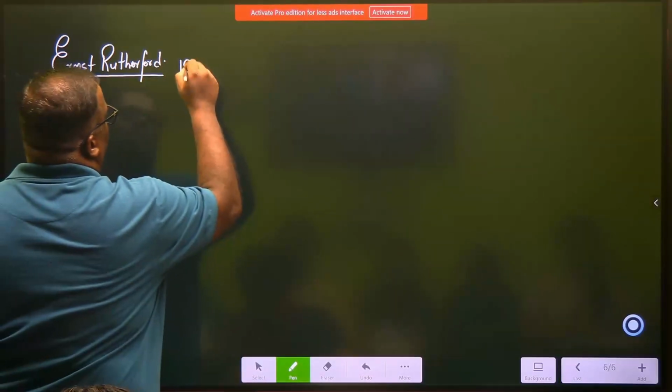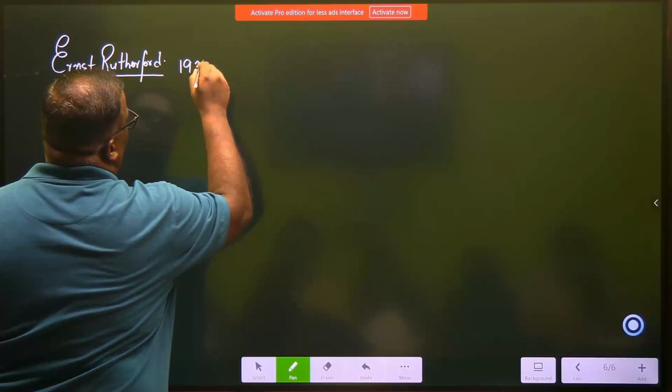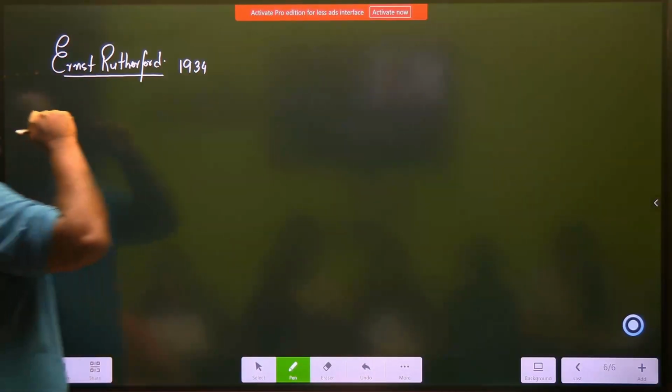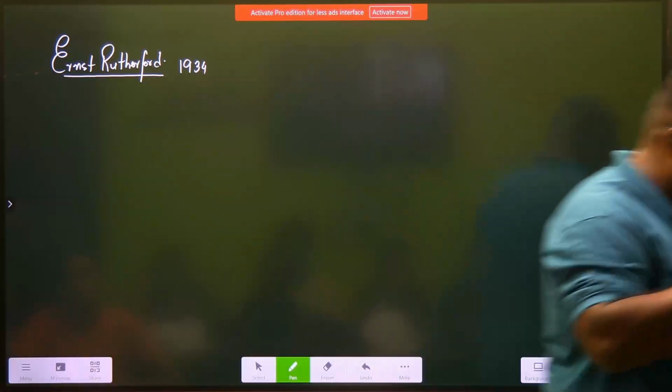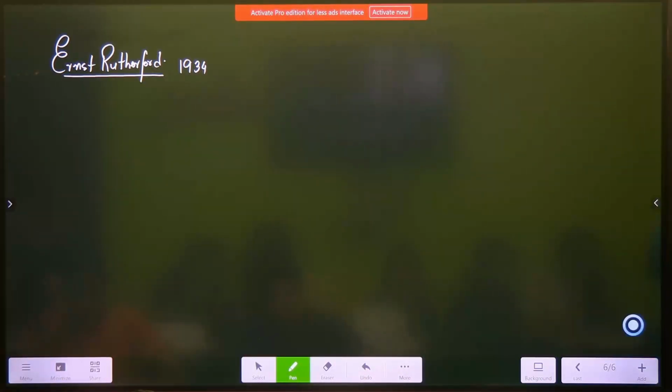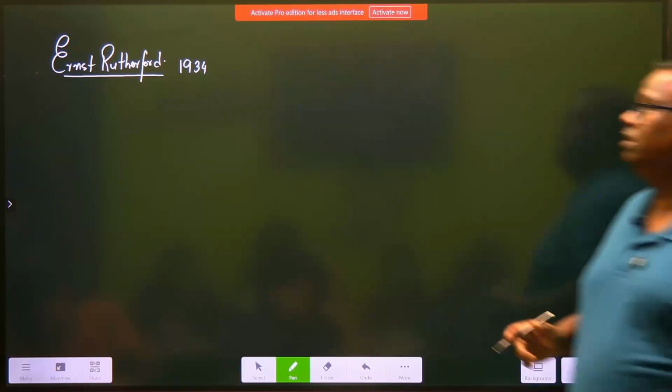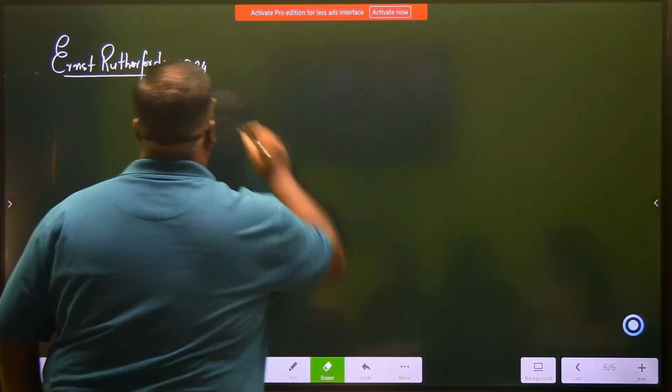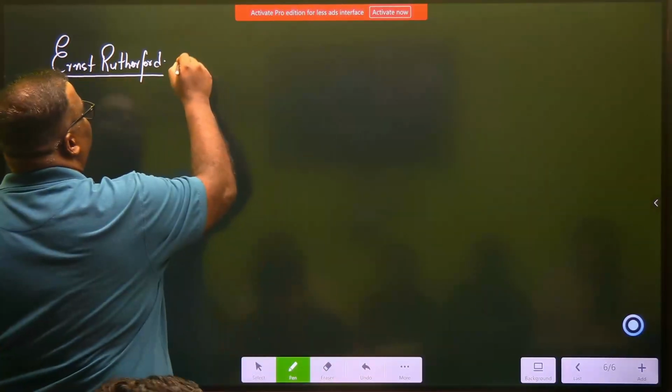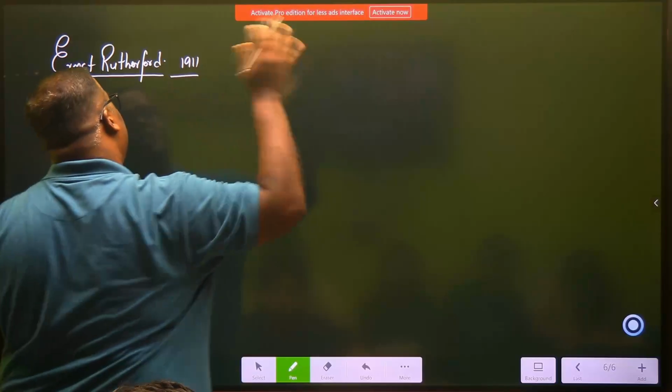Time is around 1932, 1934. In 1932, Chadwick discovers neutrons. Oh no, it's 1911. I'm sorry, this is 1911. So by 1918, the word proton was coined.